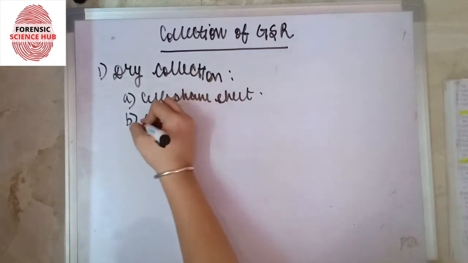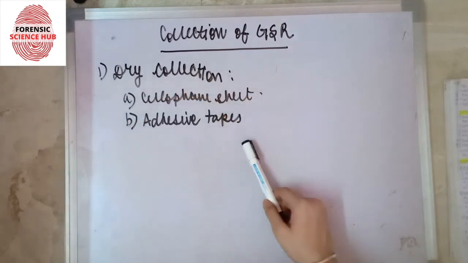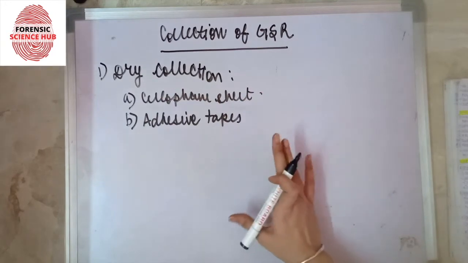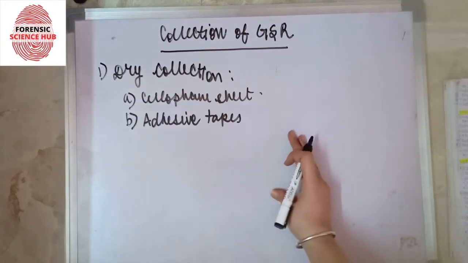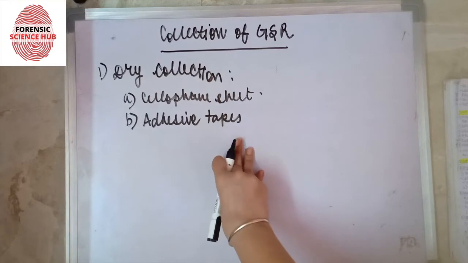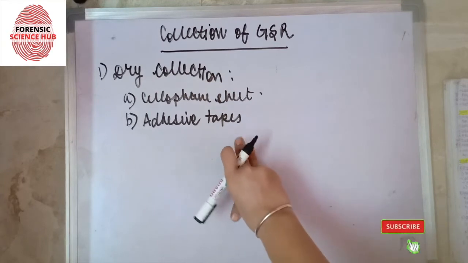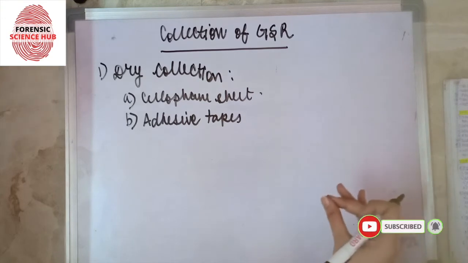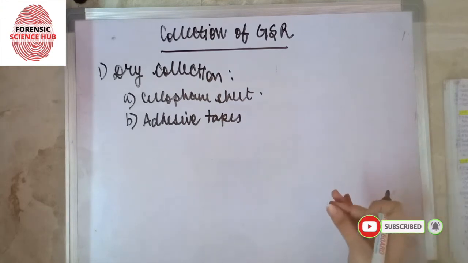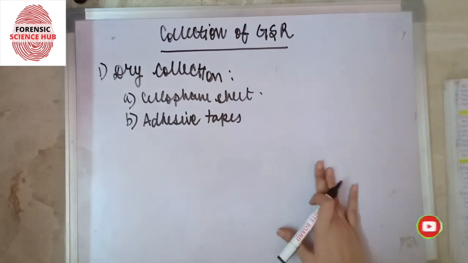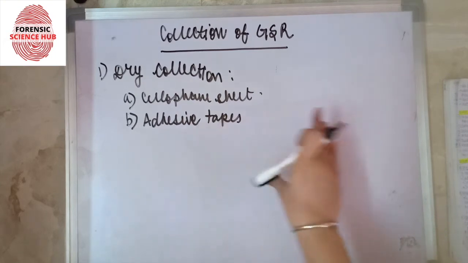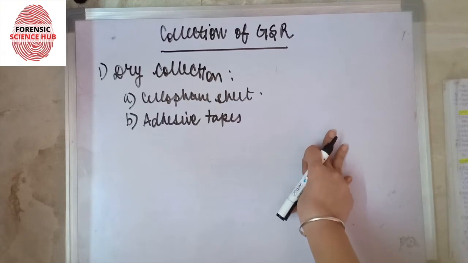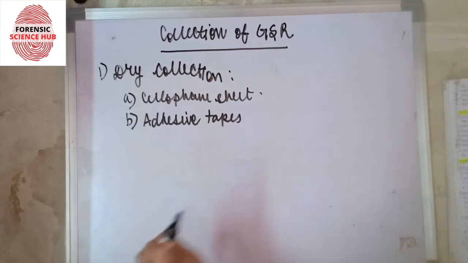Next comes adhesive tape. This is the most commonly used method for collection of GSR, because it is very easy and economical. In this, adhesive tape of around 2 to 3 centimeters is taken. It has an acetate band over its end which helps us to hold it. This tape is stuck over the point where GSR is present, and then it is peeled off quickly.